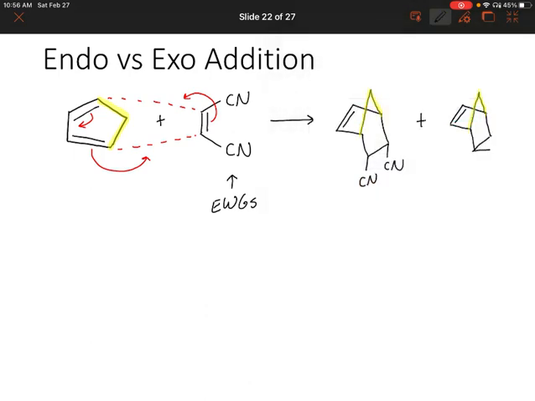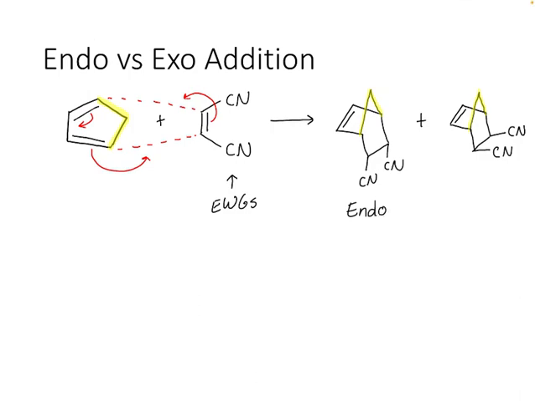But they could also be in an equatorial position, so to speak, pointing up. So the situation where the cyanide groups are pointing downward is called endo. And the situation where the cyanide groups are pointing upward is called exo.